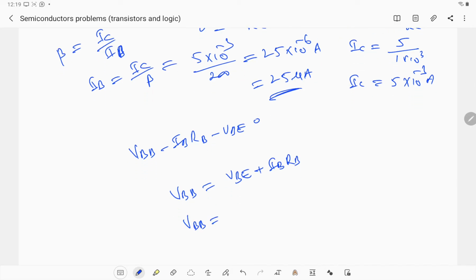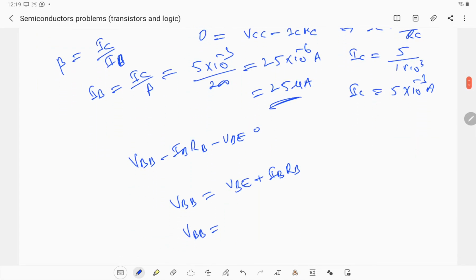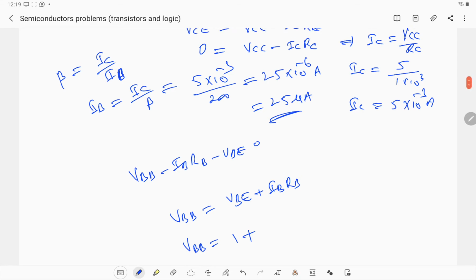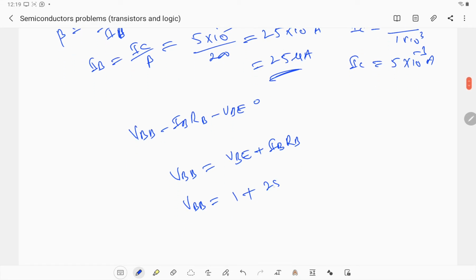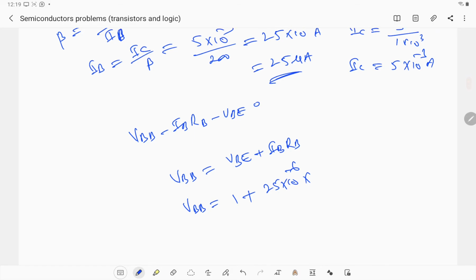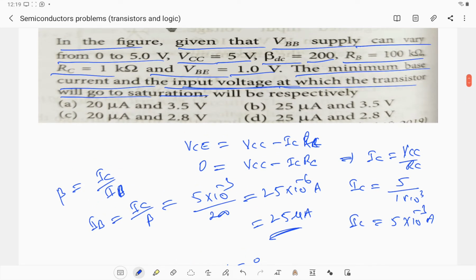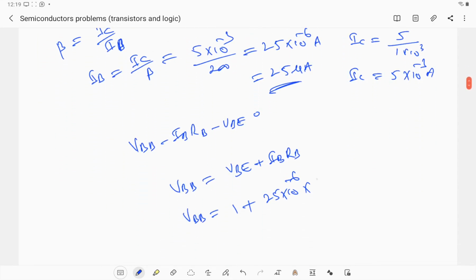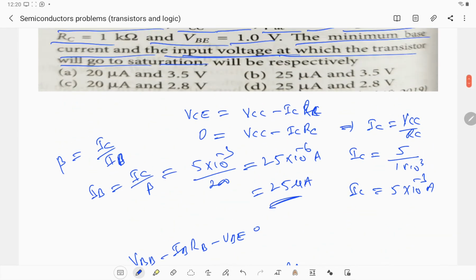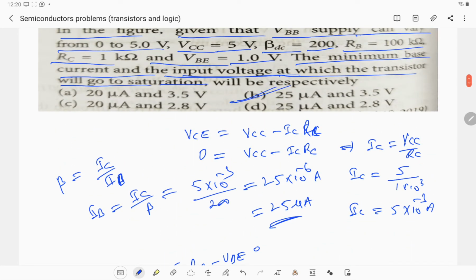Therefore, VBB is equal to, VBE is given as 1 volt, IB is 25 microamperes, 25 into 10 to the power of minus 6, and RB is given as 100 kilo ohms. This becomes 100 into 10 cube. This becomes 3.5 volts. Therefore, answer is B is correct.